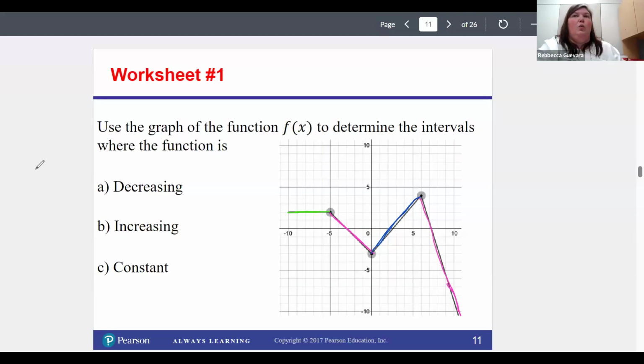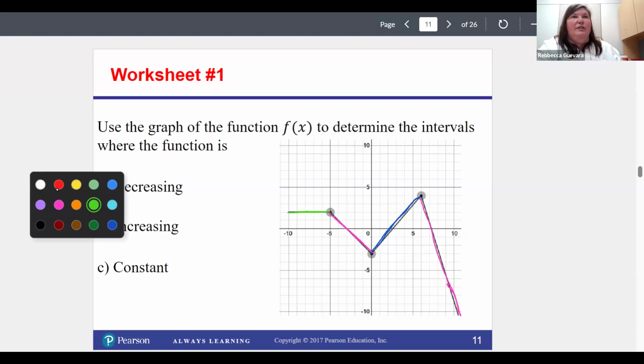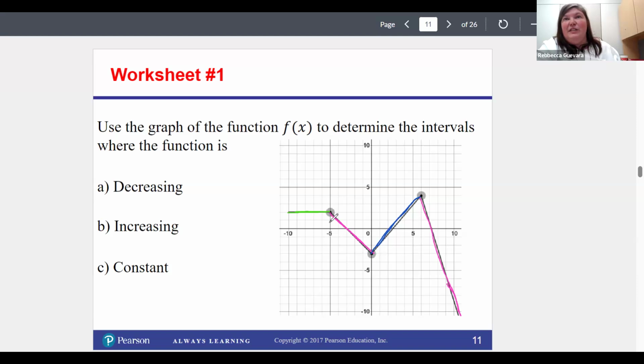All right, so once again, where this is decreasing, that's all the parts I put in pink. We see here at -5, I start decreasing, and I don't stop decreasing till I hit x equals 0. Remember, we're talking about x values. We also see that we're decreasing once again once we hit 6, and we keep on decreasing.